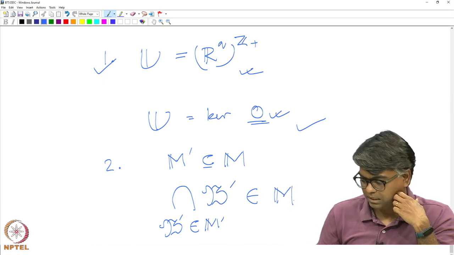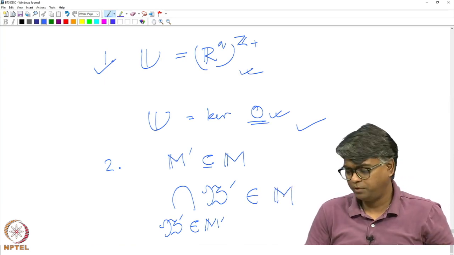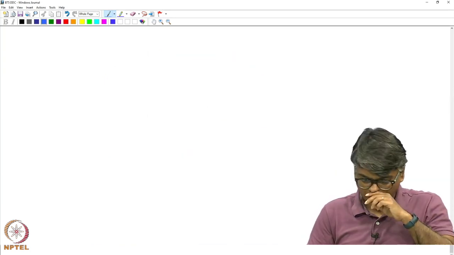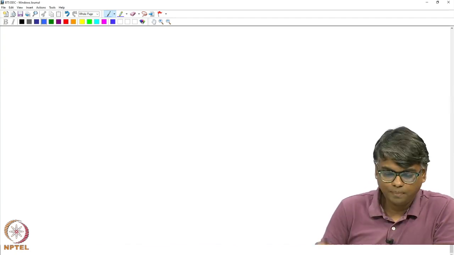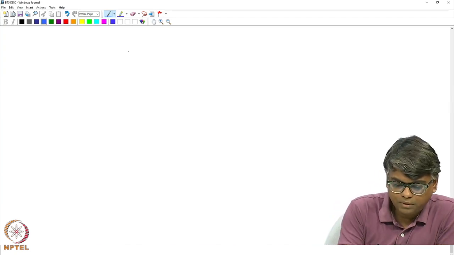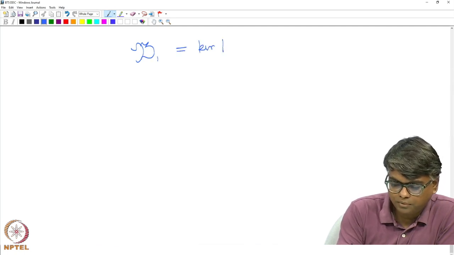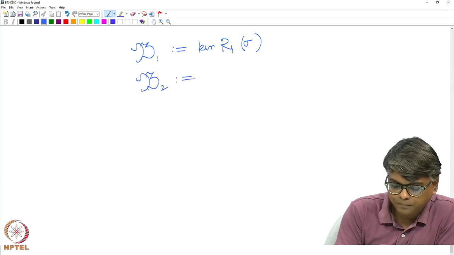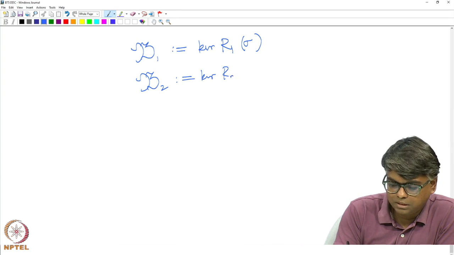To translate this into the language of polynomial equations, what we are saying is that, suppose, okay, so first understand this. Suppose I have a B1 which is given by the kernel of R1(sigma), and a B2 which is given by the kernel of R2(sigma).